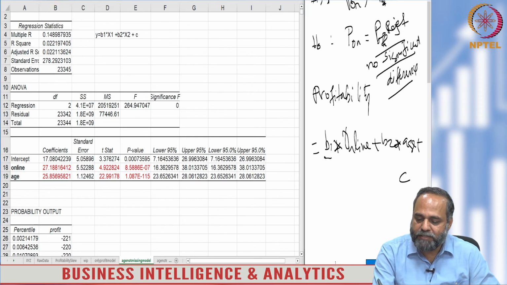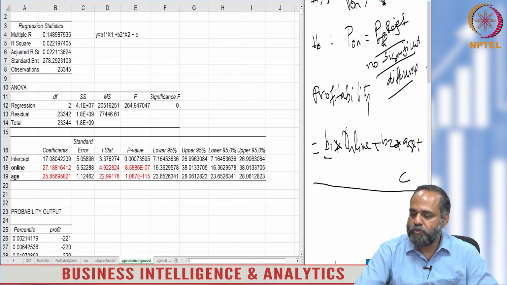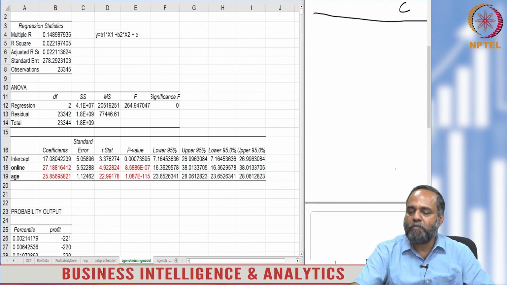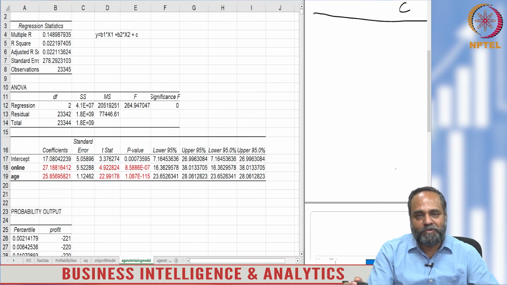Let me say that again. Can I make a recommendation to the bank that because online customers are more profitable than offline customers, give them rebate so that more offline customers become online and hence become more profitable?